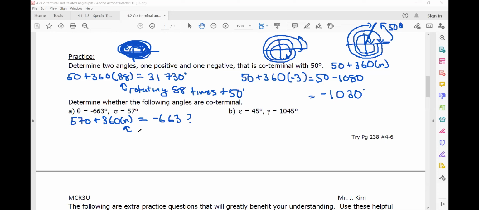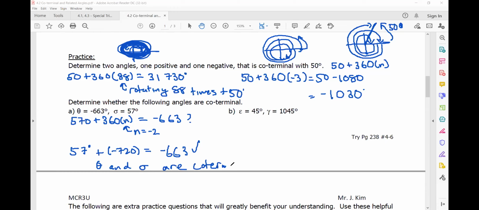Negative 2. Let's try negative 2. So 57 degrees plus negative 720, bust out the calculator, 57 minus 720 is negative 663. That means theta and sigma are coterminal.